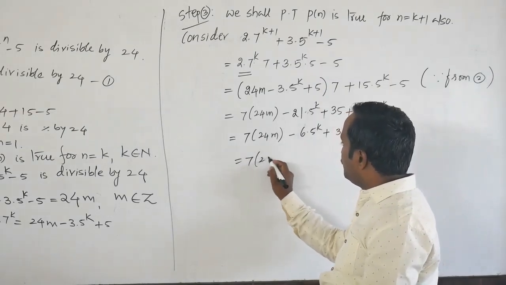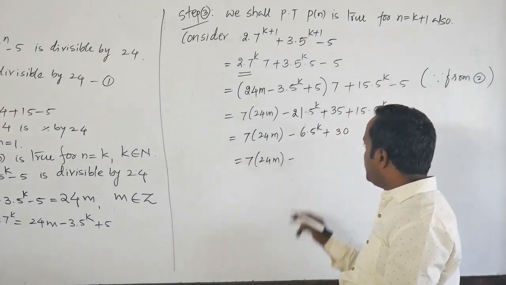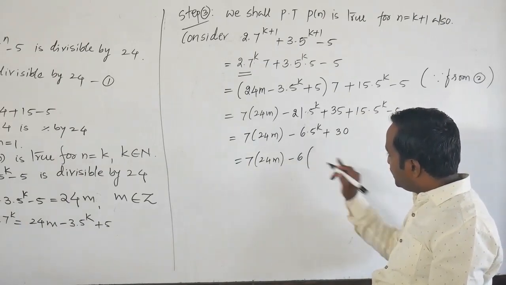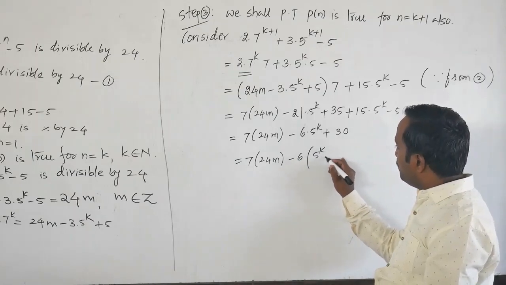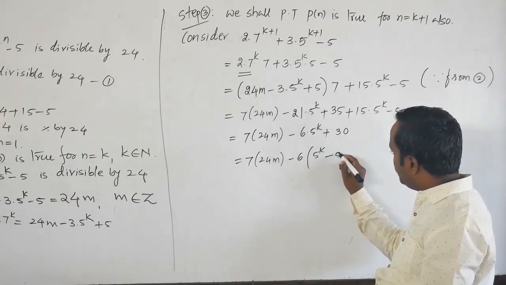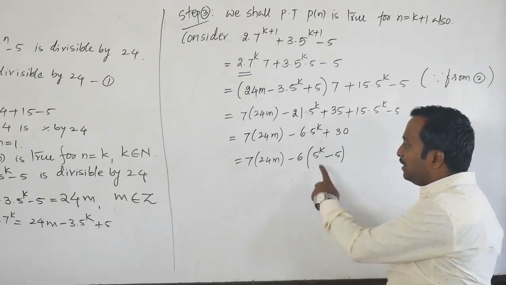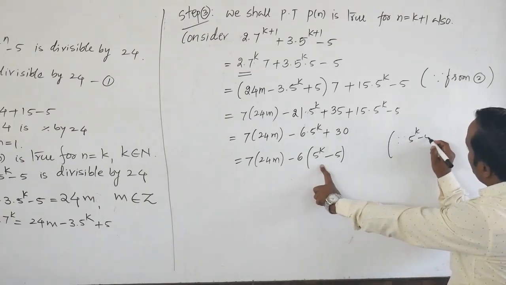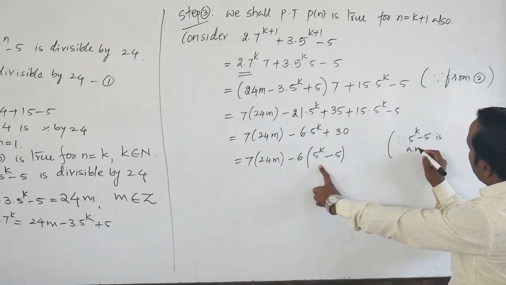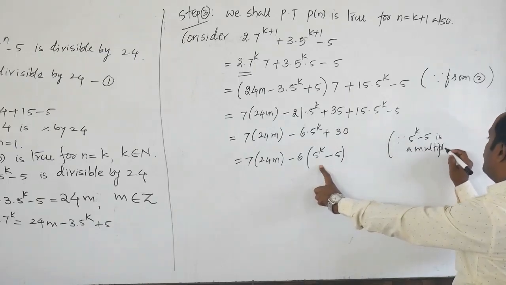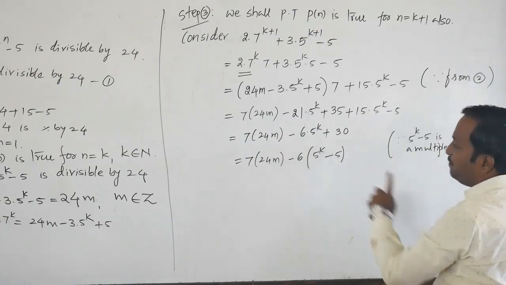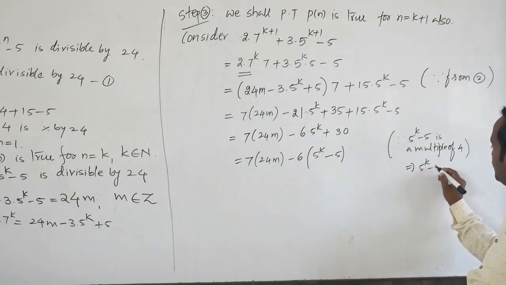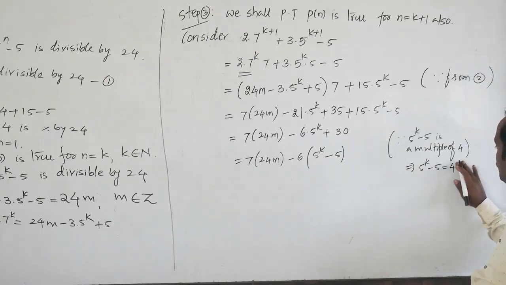Okay, now further simplification. 7 into 24m minus, ಇವೆರಡರ ಏನು ಕಾಮನ್ ಐತಿ, 6 ಕಾಮನ್ ಐತಿ. 6 ಕಾಮನ್ ತೆಗೆದ್ರೆ 5 raised to k minus 6 5s are 30. Since 5 raised to k minus 5 is a multiple of 4, divisible by 4, I can write 5 raised to k minus 5 as 4 into some number p.